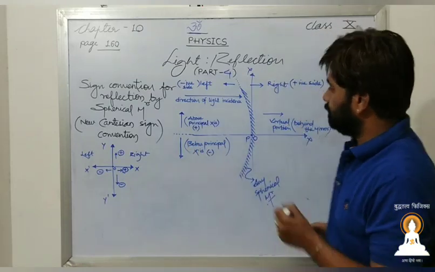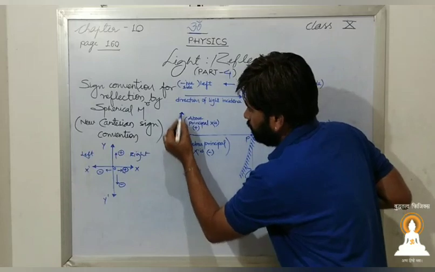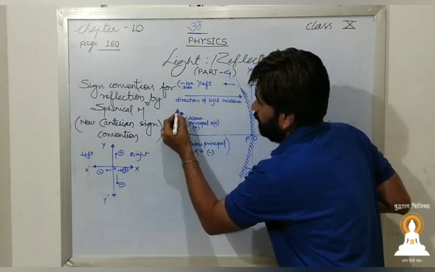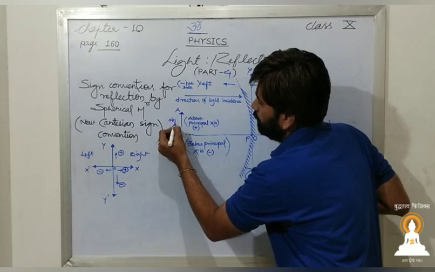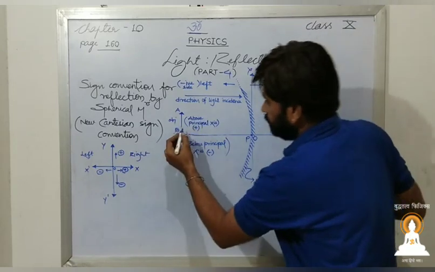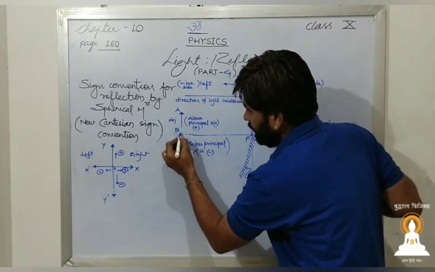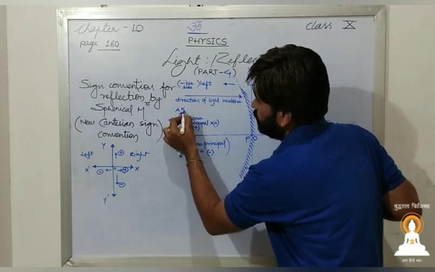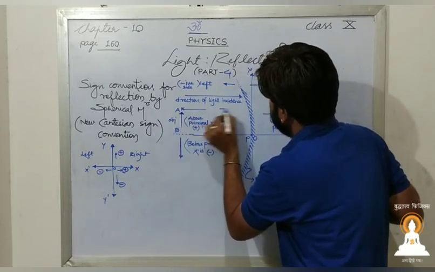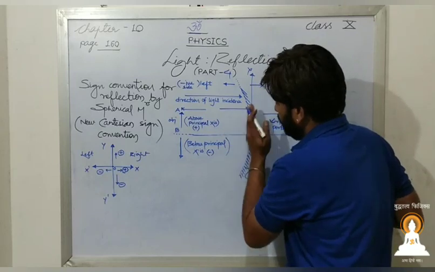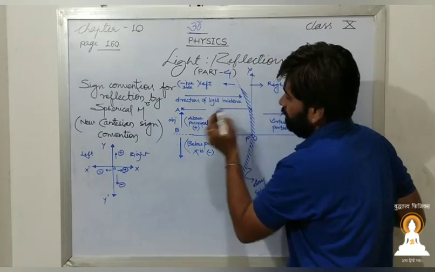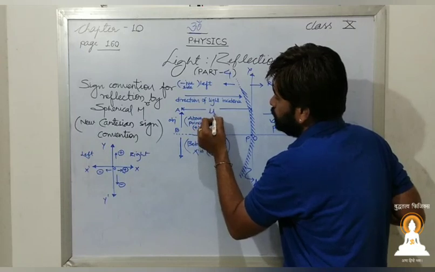Now suppose this AB is the object. The distance of this AB from the pole, or from this vertical line, will be treated as u.